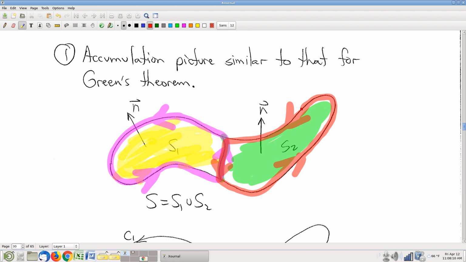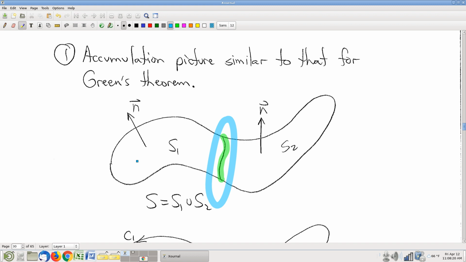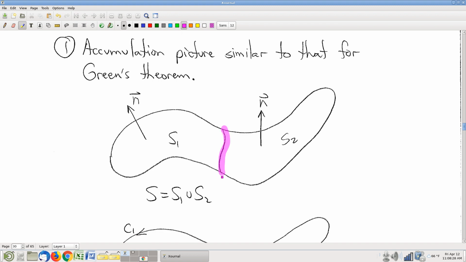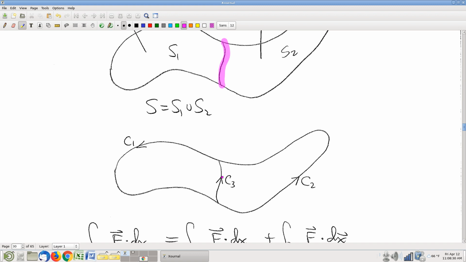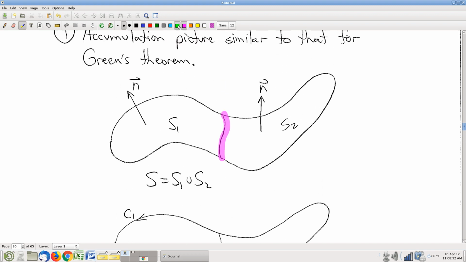And look, as in all the examples we've seen so far, what that comes down to is, on this shared piece here, do you get cancellation? Here's our shared piece. Thought of as part of the boundary of this side, the orientation is that way.